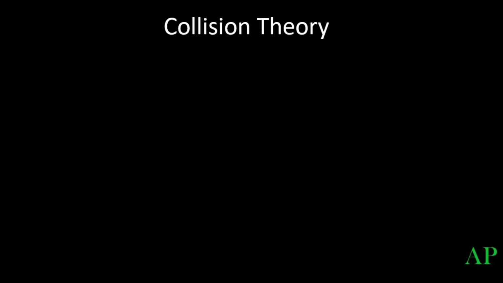Collision theory. So as far as the actual theory goes in this section, this is pretty much all you're going to be seeing. The rest is mathematics and different techniques applied to finding rate laws. Collision theory has two parts. The first part of collision theory says you need an adequate amount of energy.